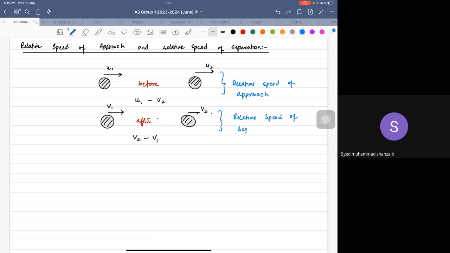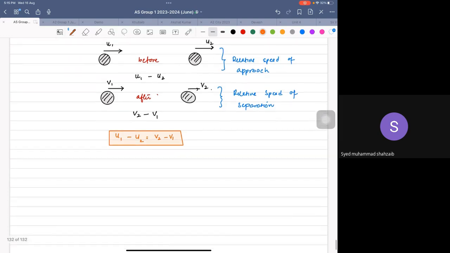Now you can combine these. You can write u1 minus u2 equals v2 minus v1, like that. You just have to remember this formula, and then you can apply it in different situations.